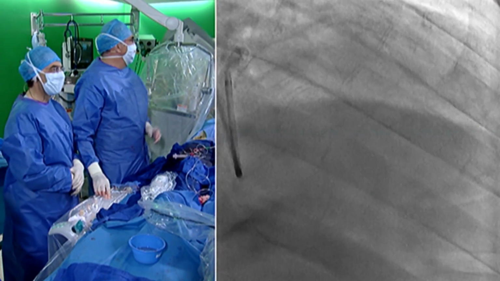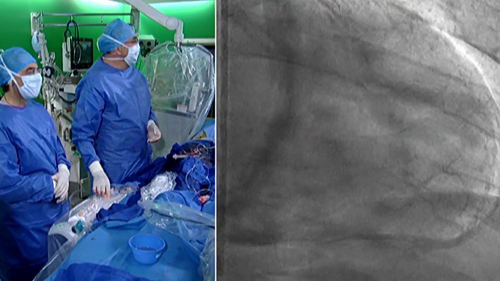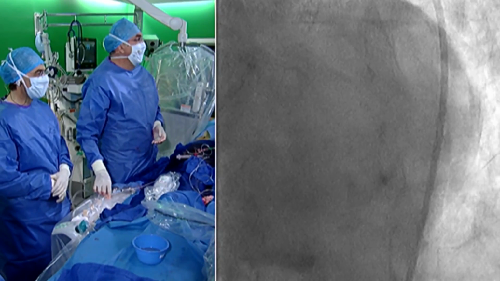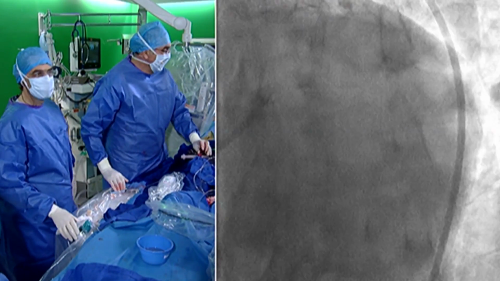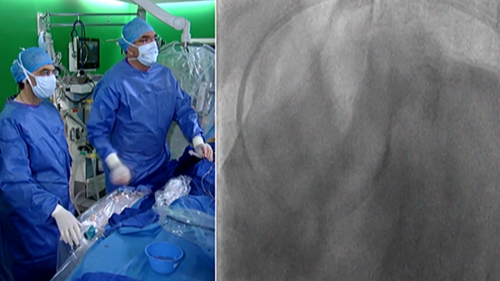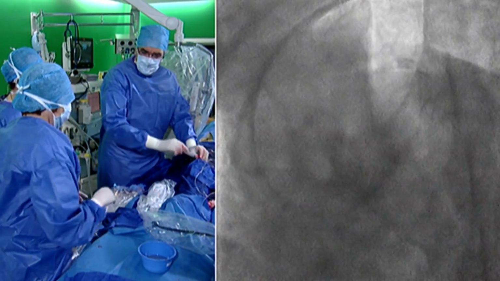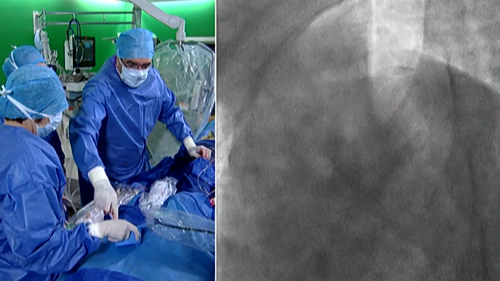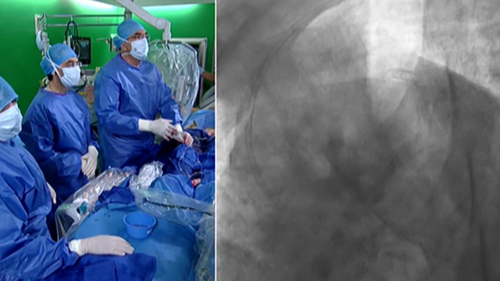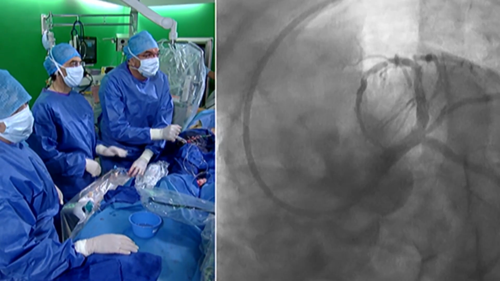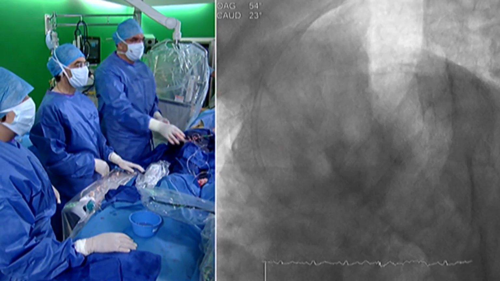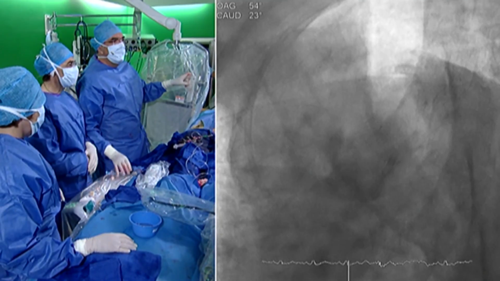And now the final check in the LAO caudal view. It's correct. Perfect. Very good. I think it's okay. That's fine.